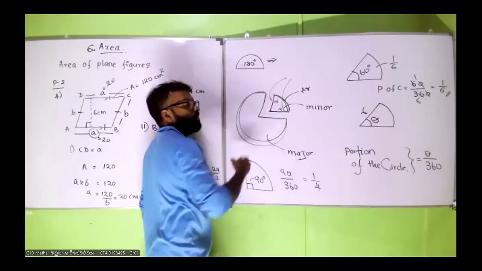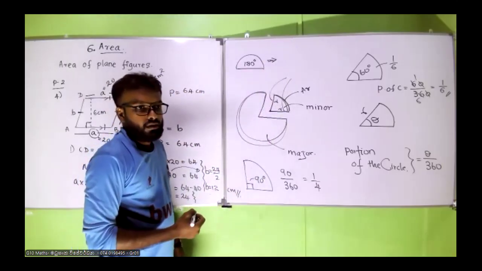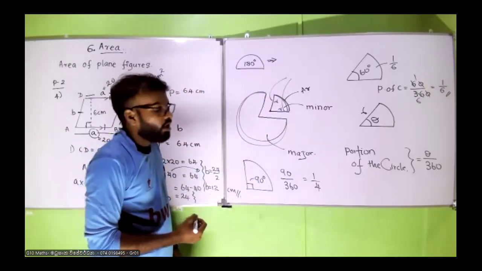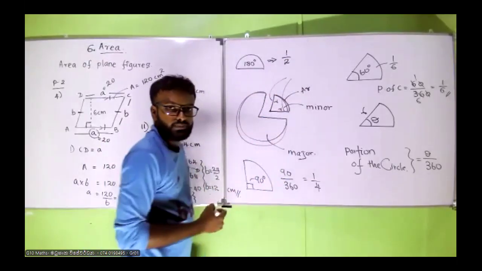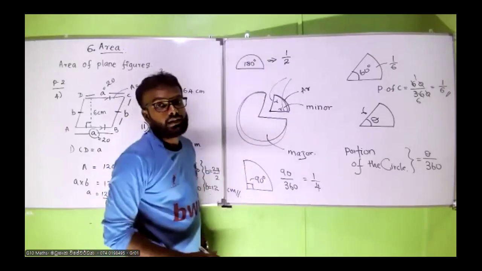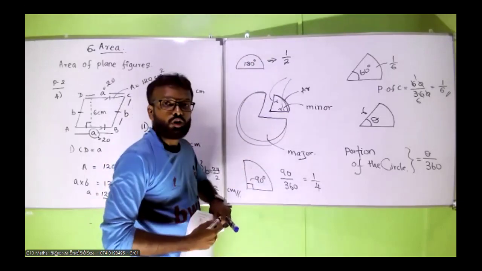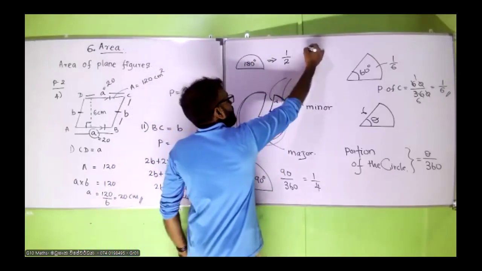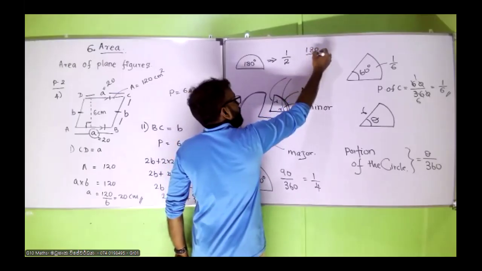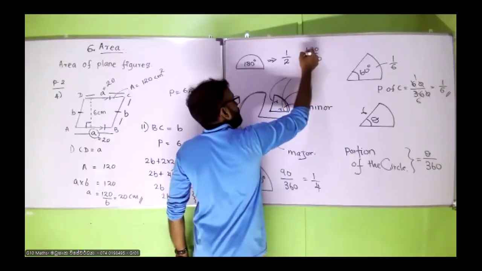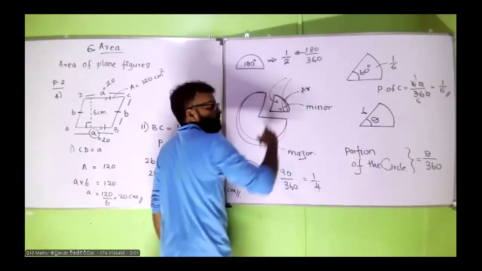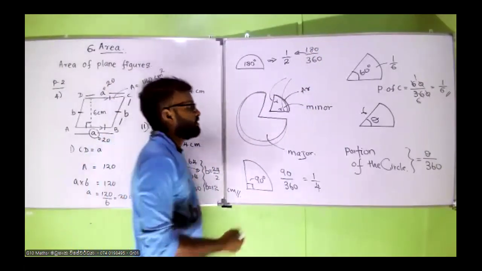Half, 1/2. You can directly apply that in the questions. Theta is 180, the full circle is 360, so at the end you will get half.